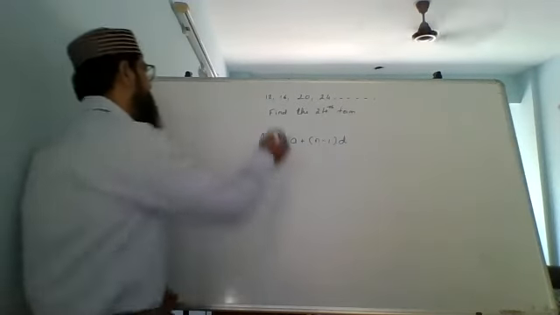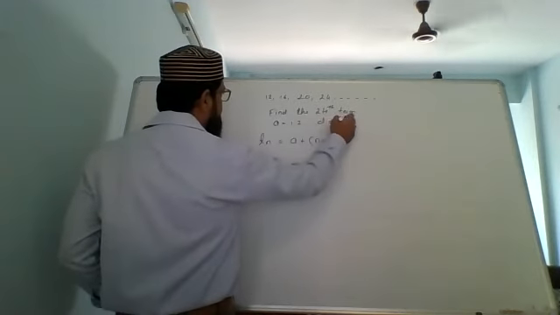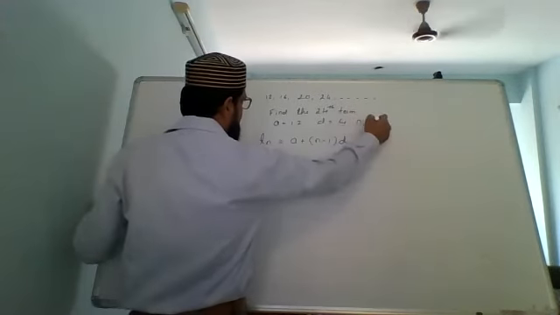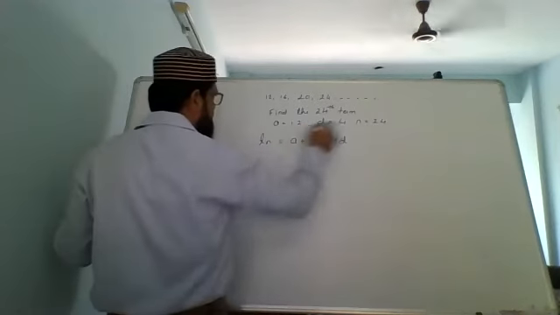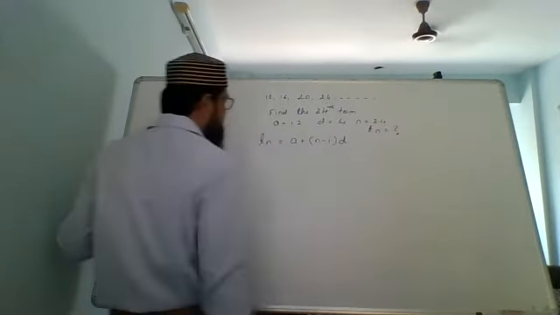So as I said here, A is 12, D is 4. We have to find the 24th term, so n is 24. And what you have to find out is the nth term, so substitute.